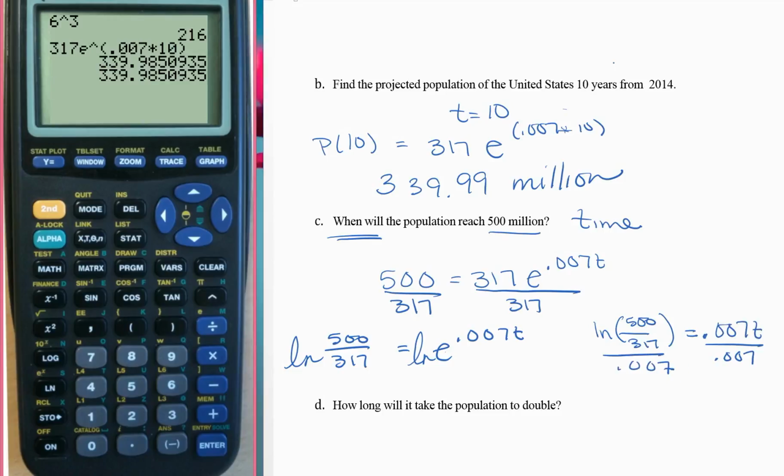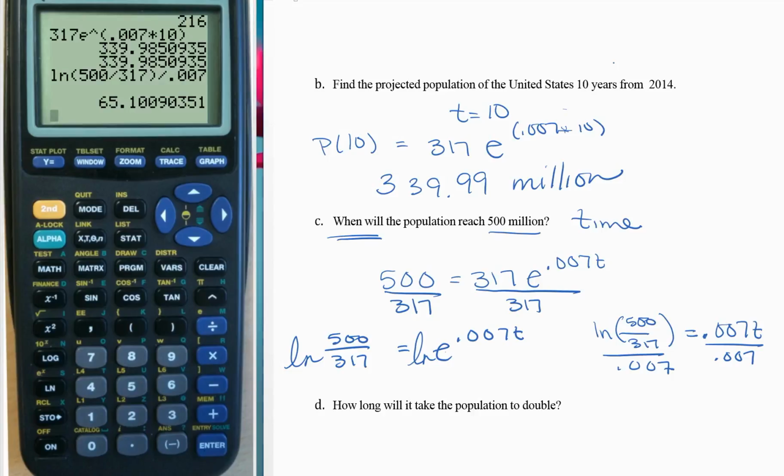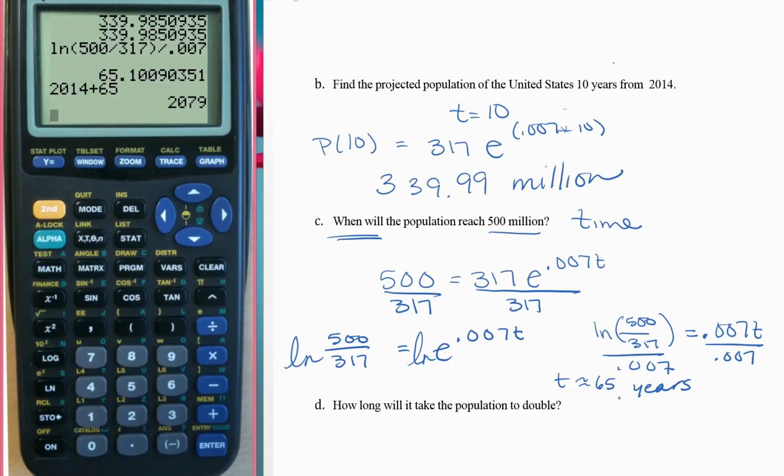So we'd have natural log of 500 divided by 317, divided by 0.007. And we'd see that t is about 65 years. So if we're starting in 2014 and adding 65 years, we would expect this to happen in the year 2079.